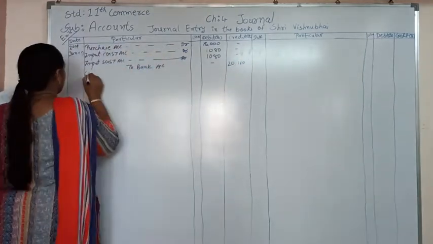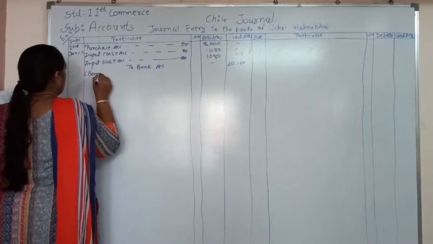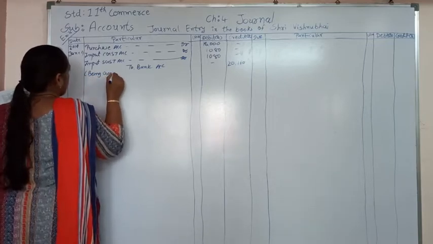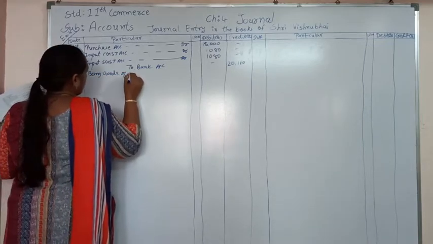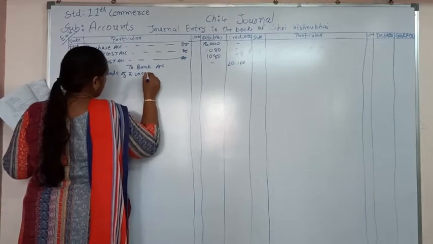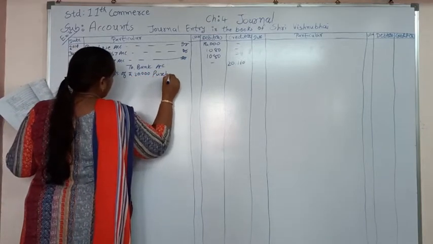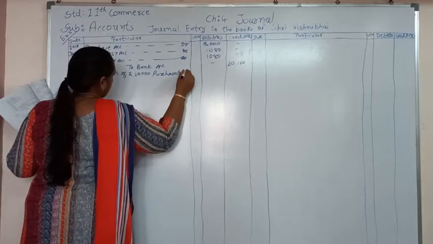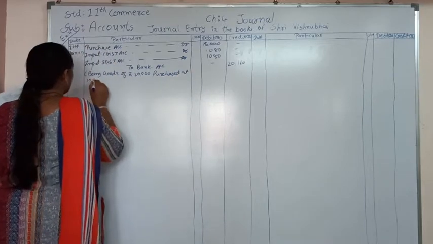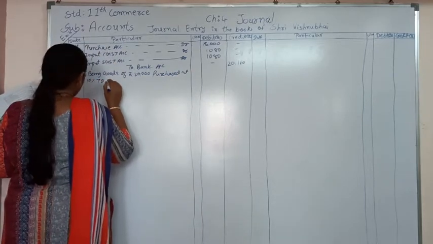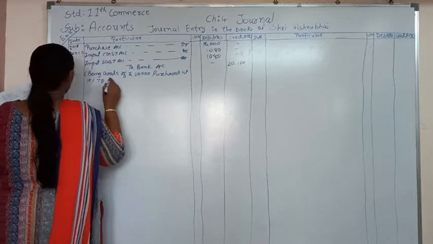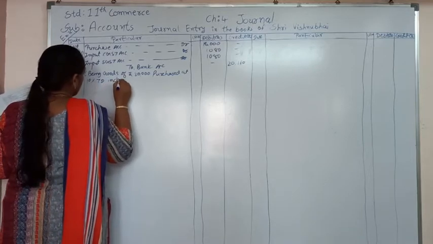Being goods of rupees 20,000 purchased at 10% trade discount and inclusive of GST.